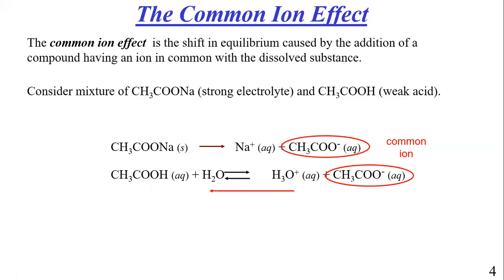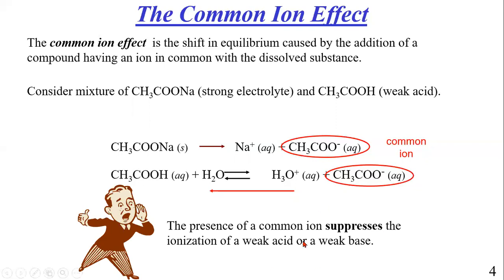That is only affected by temperature. However, what does change is the position of the equilibrium. We will no longer have as much products as we had before due to the presence of this common ion. And thus the reaction moves more backwards because I have some products already.